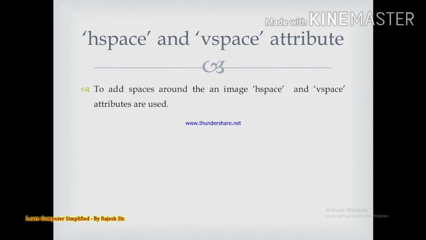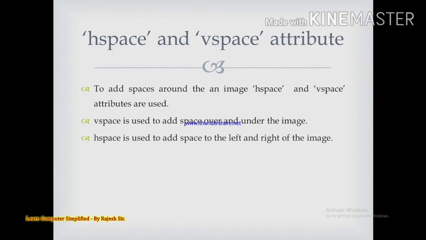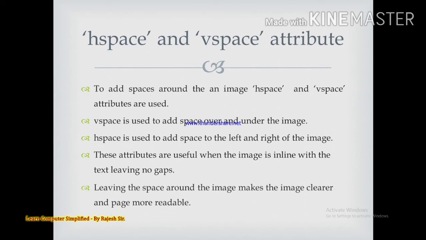Suppose we want to provide space around the borders of the image, we can provide hSpace and vSpace attributes. vSpace is used to add space over and under the image. Top and bottom side space is provided through vSpace, and in the same way hSpace is used to add spaces to the left and right of the image. These attributes are useful when the image is in line with the text, leaving no gaps. Leaving space around the image makes the image clearer and the page more readable.